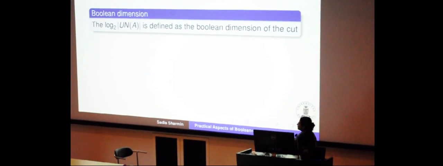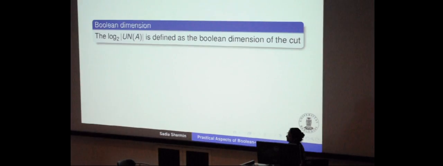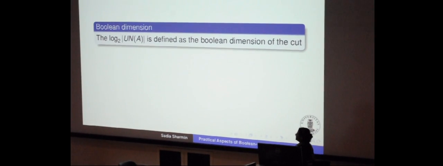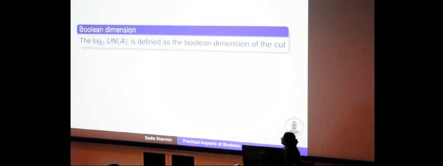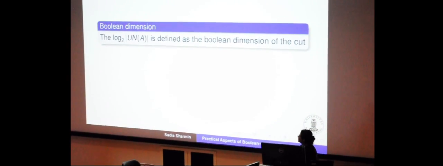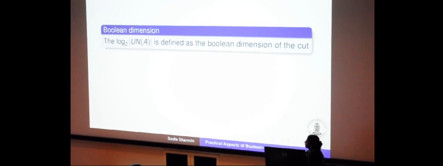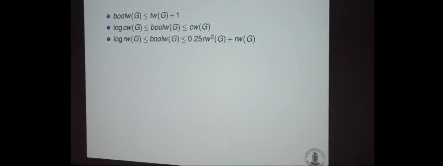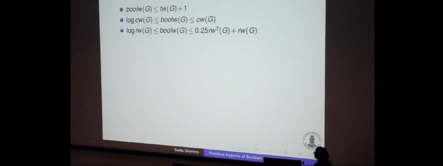So far we have seen how Boolean-width and Boolean matrices work. And there are so many other parameters. So how does this parameter, Boolean-width, compare with them? It's just simply this plus 1. Boolean-width is less than or equal to this, and Boolean-width is bounded in terms of the other parameters.